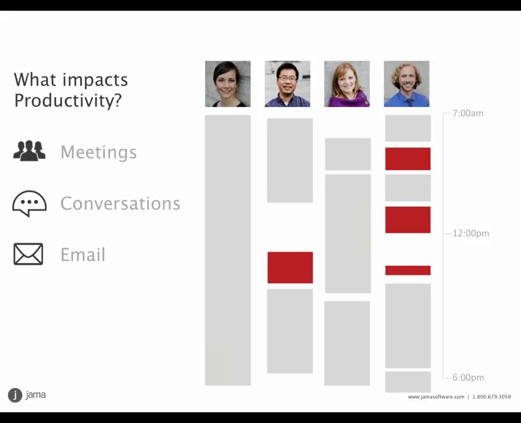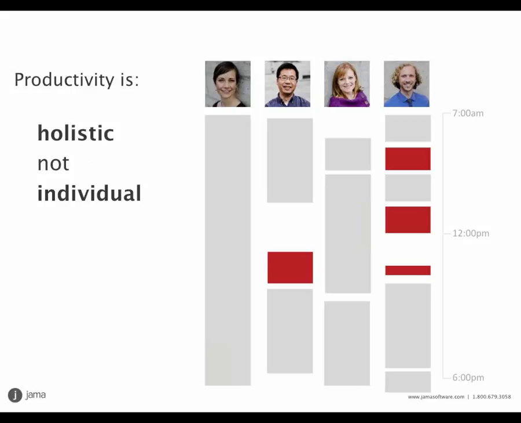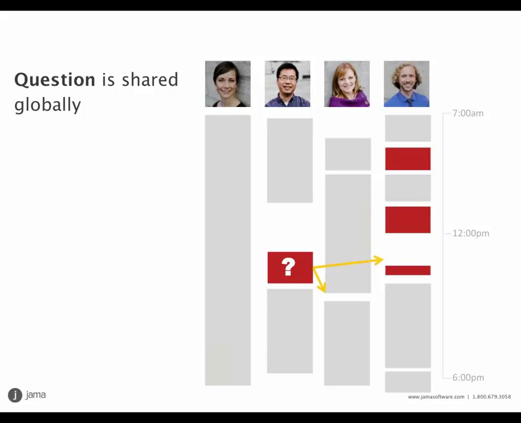And so this is really where collaboration has an important concept, that it's holistic and not necessarily individual. And I'm going to walk through why that's the case. Going back to that poll, most people probably thought of productivity as their work, but productivity is a company initiative. It's making the company productive versus individuals.